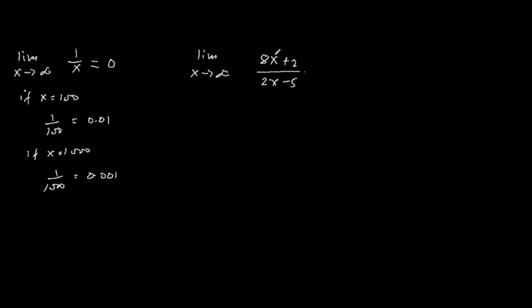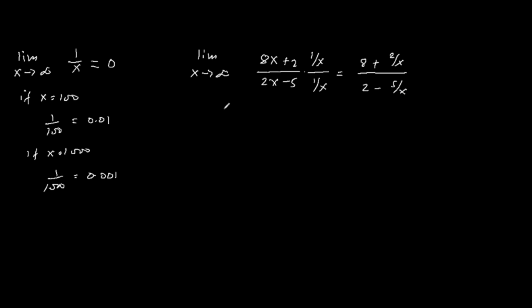The highest exponent is 1, so we need to multiply the numerator by a fraction of 1 over x, same thing with the denominator, 1 over x. Then simplify. 8x times 1 over x is equivalent to 8, plus 2 times 1 over x, which is 2 over x. And then we divide by 2x times 1 over x, which is 2, follow the sign, minus 5 times 1 over x, or 5 over x.